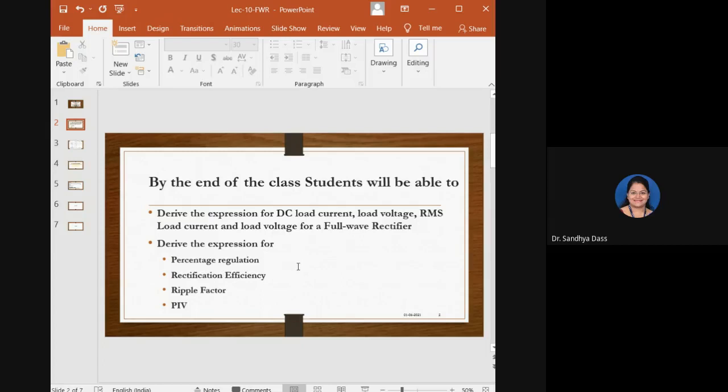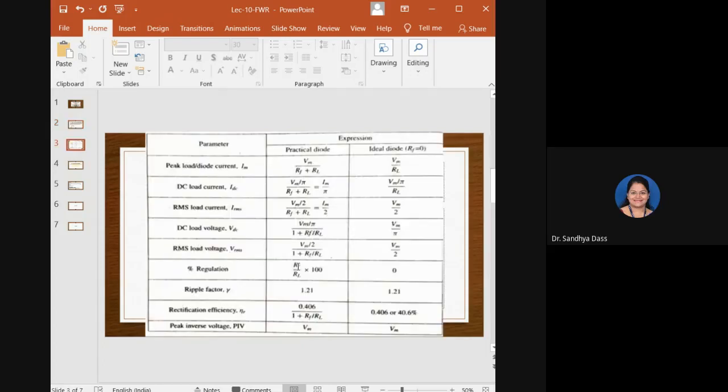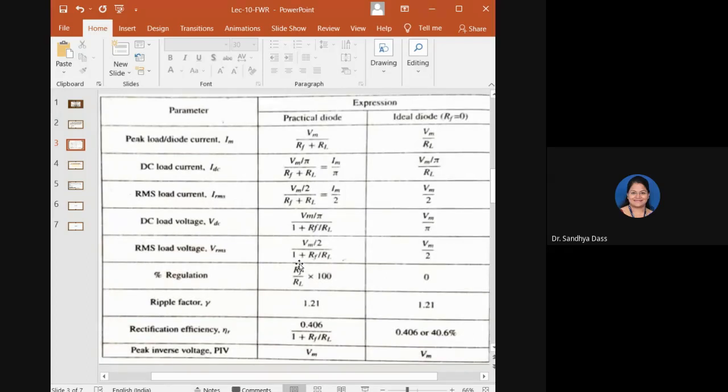Before we proceed, I would like to remind you of the recap of the previous class. This is the summary of the derivations we had for the half wave rectifier.